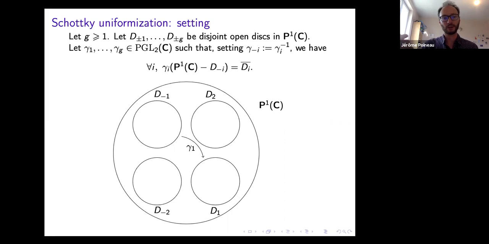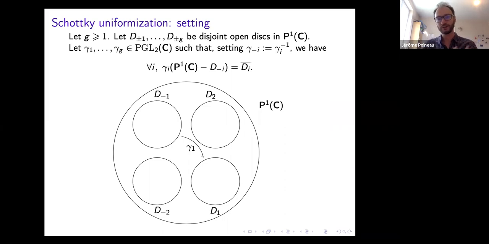So I have some elements, say, gamma 1 in PGL2 of C, so a Möbius transformation. And it's supposed to send the complement of the disk D-1 to the interior of the disk D1. Each of the gamma i's behaves this way with the disks.